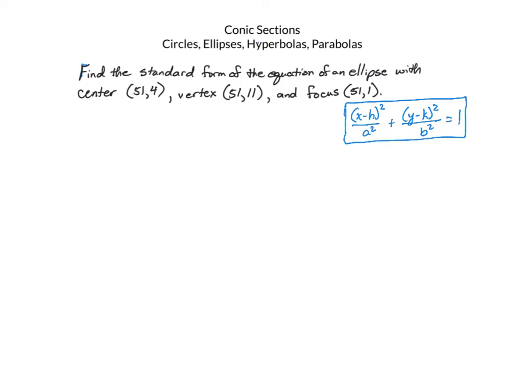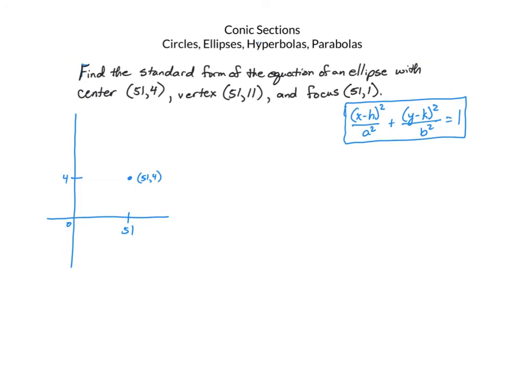I told you I like to start with a sketch, so I'm going to do that. (51, 4). Where will that be? It doesn't really matter. Right here. I don't need the scale in the x direction and the y direction to be the same. So let's see, (51, 4), I'll put that right here. Here's my center.